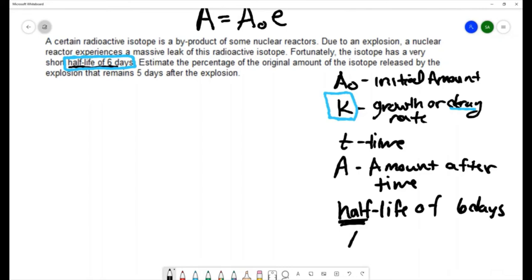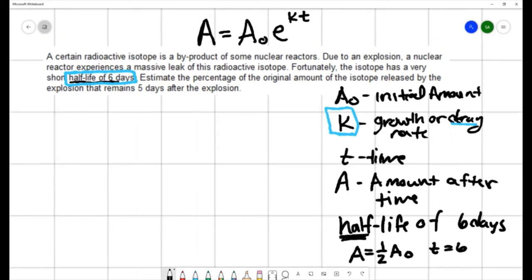So our amount after time will be half of our initial amount at a time of 6 days. So this is going to give me values to substitute into the exponential model.